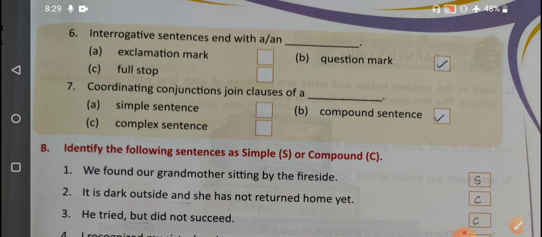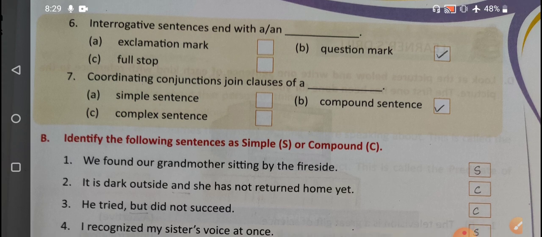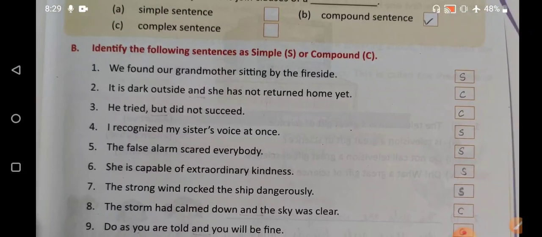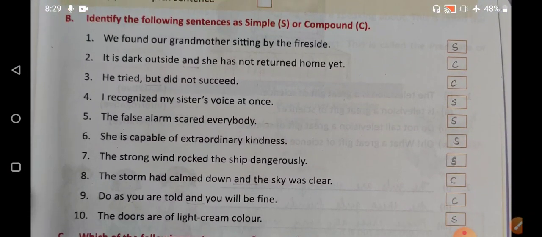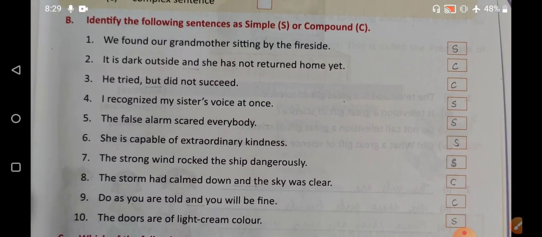is compound sentence. Now coming on to B1, which is: identify the following sentences as simple or compound. This exercise is quite easy because differentiating sentences as simple and compound is easy, because in simple there is no conjunction and in compound there is a conjunction. This is point one through which you can differentiate.